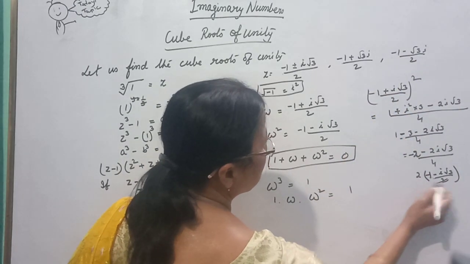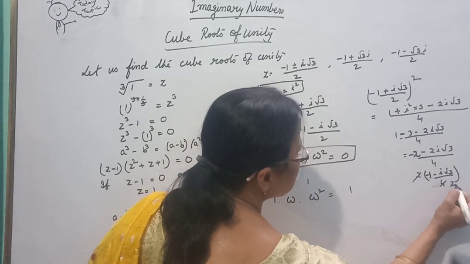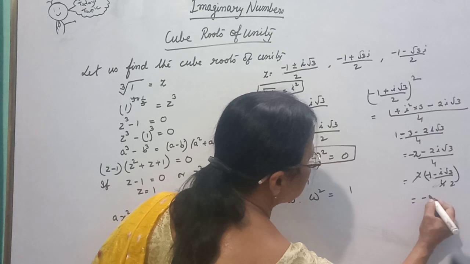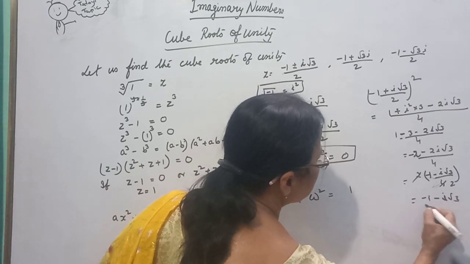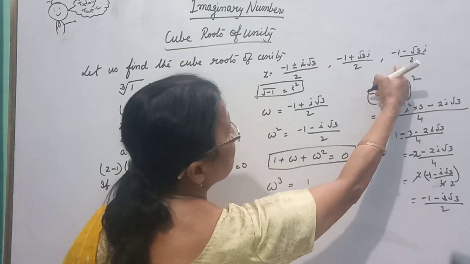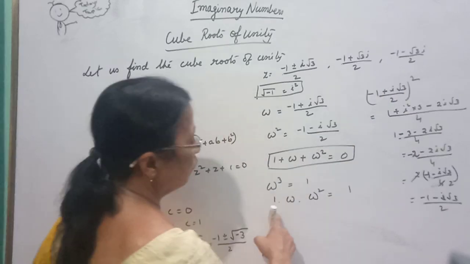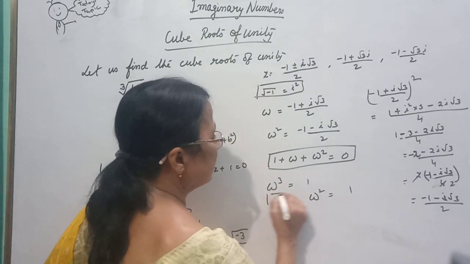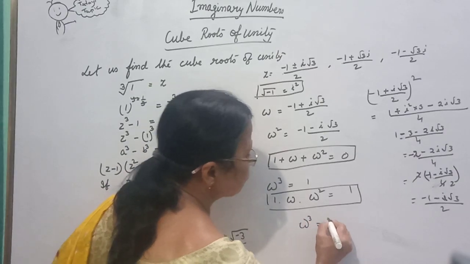So this 2 and 4 cancel. This is 2, so this is minus 1 minus i root 3 divided by 2. This is omega squared. So there is a relation: 1 into omega squared is equal to 1. That means omega cube is equal to 1.